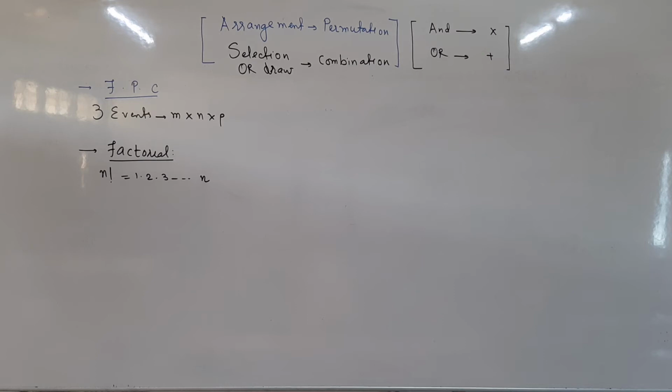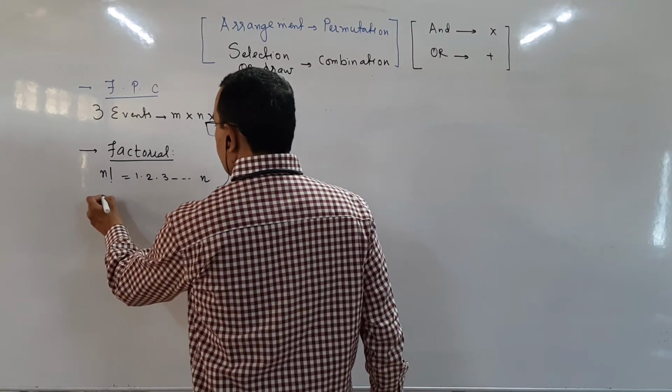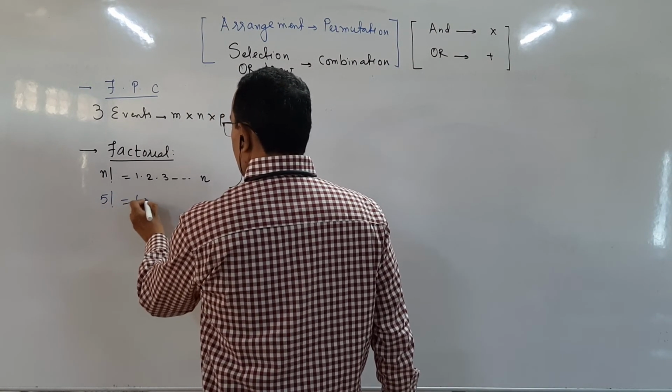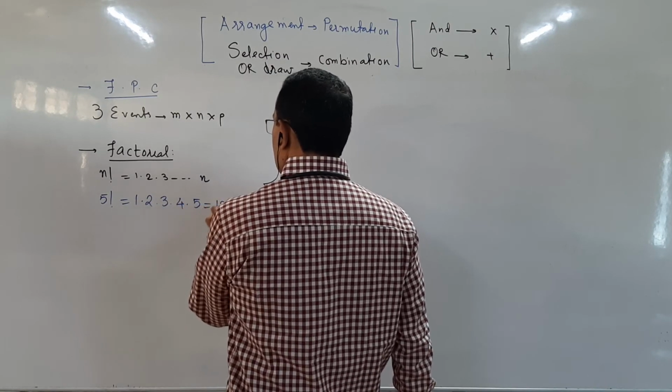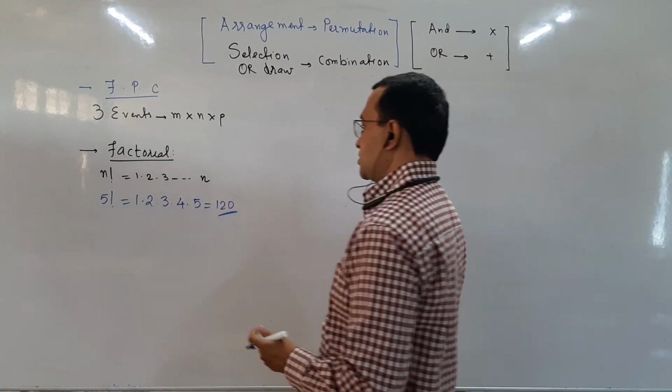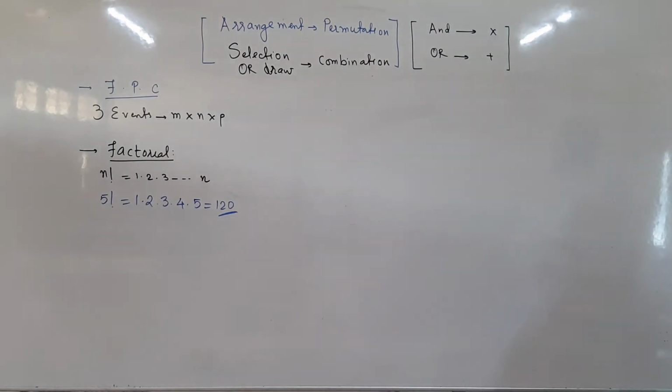For example, 5 factorial means the product of first 5 natural numbers. And if I multiply first 5 natural numbers, students, then we will get the answer as 120.